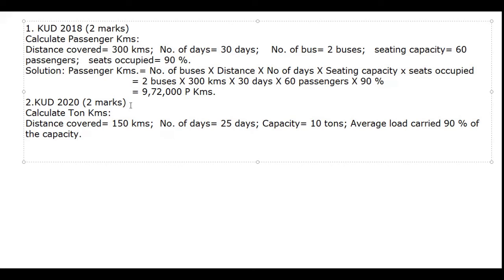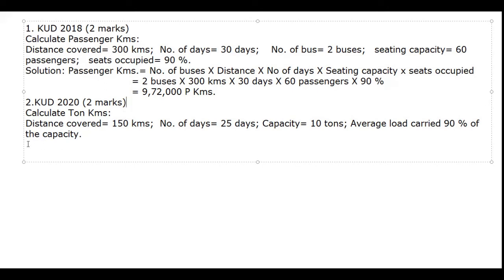Capacity was 10 tons. Average load carried 90% of the capacity. So this is regarding trucks or lorries. For goods carrier vehicles ton kilometers are to be calculated, and for buses we have to calculate passenger kilometers, whereas for goods carriers or trucks or lorries we have to calculate how many ton kilometers it has run.